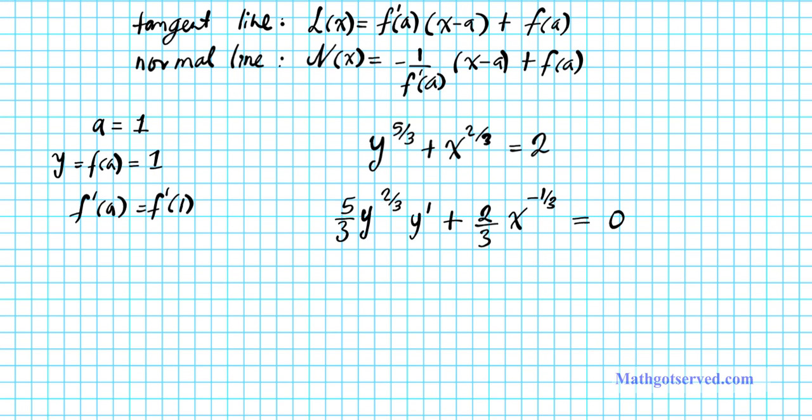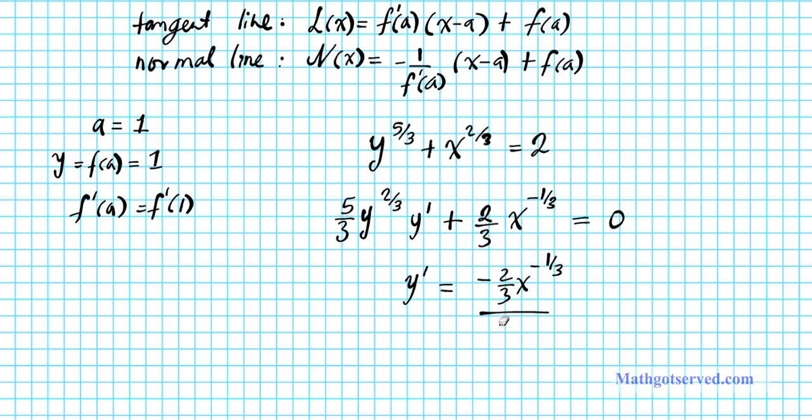Now let's get y prime isolated, since that's the function we will use to calculate our slope. We subtract 2/3 x to the negative 1/3 from both sides, so we have negative 2/3 x to the negative 1/3, and then divide both sides of the equation by 5/3 y to the 2/3.